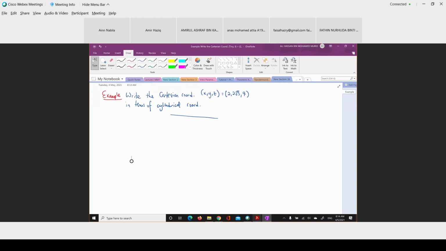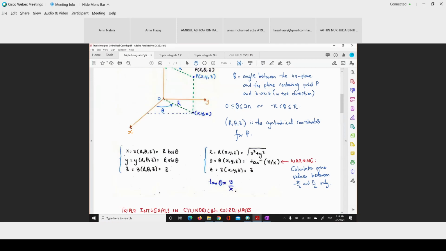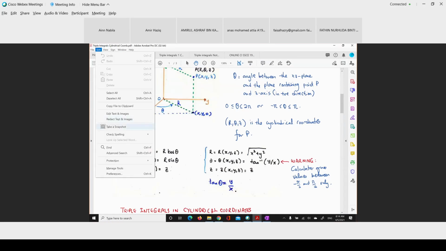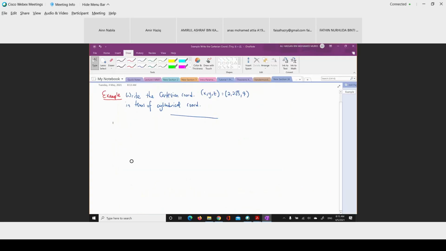We have seen this, so let's apply this relationship here. Recall this relationship. So what is r?